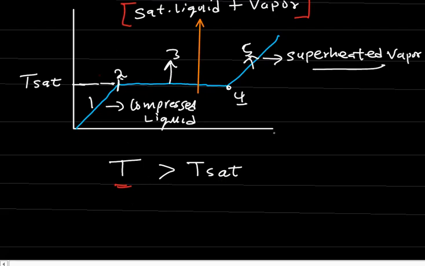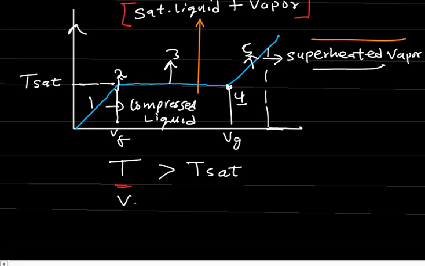The same thing happens with volume. Remember, as volume increases, this is Vf, this is Vg. After Vg, the volume still increases before we enter into the superheated vapor region, so the volume keeps on increasing. We can also conclude that the volume measured is greater than the volume of the saturated vapor.